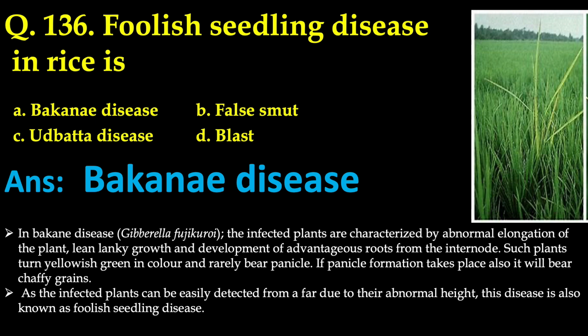These are also caused by this organism, Magnaporthe grisea, and it is considered one of the major pathogens causing the most devastating disease of rice, that is called blast.